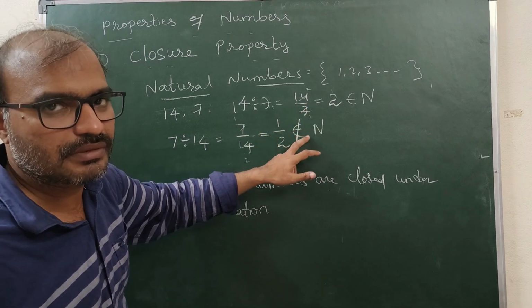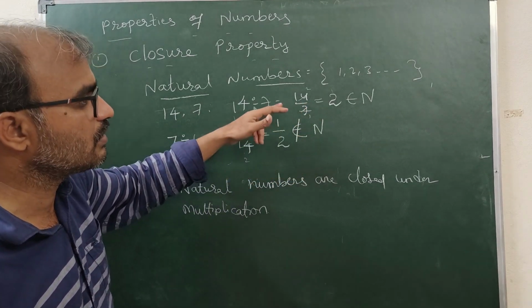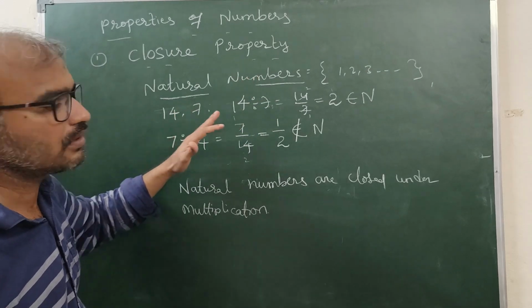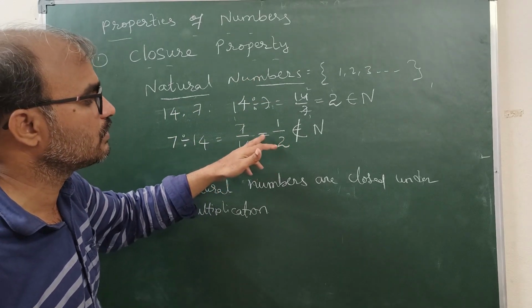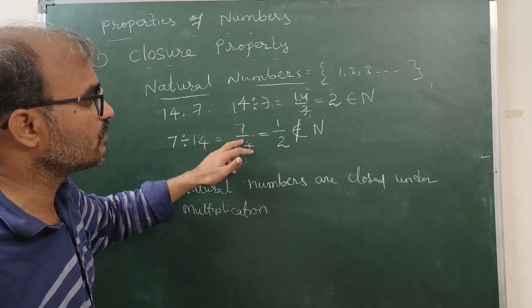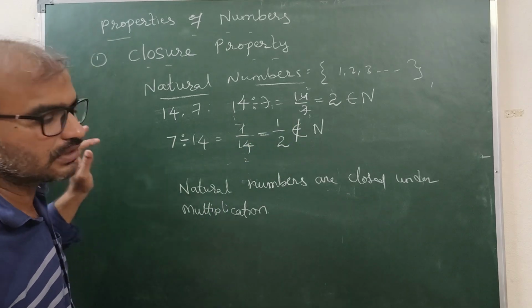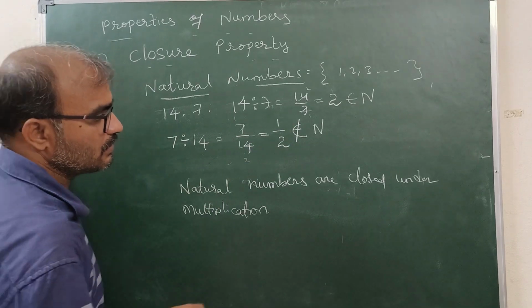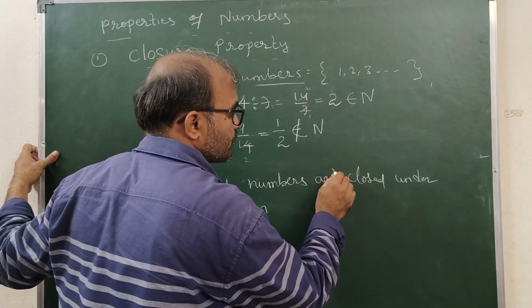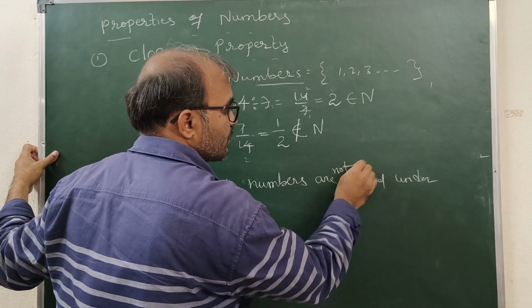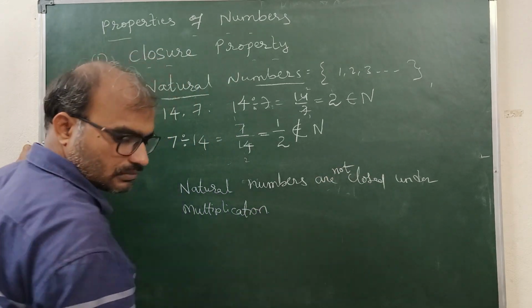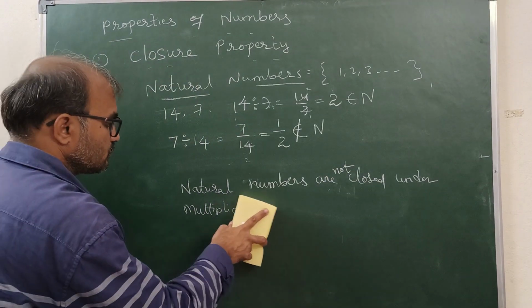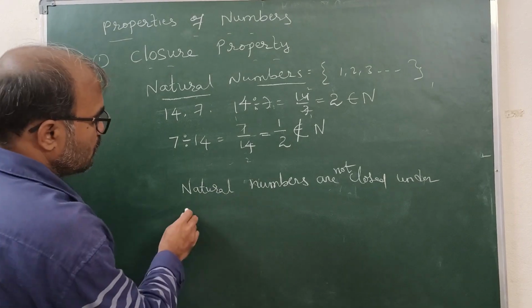Sometimes it will be, sometimes it will not. But it is not always true. It is not always possible to have the number that we get after division in the set of natural numbers. That is why we say natural numbers are not closed under division.